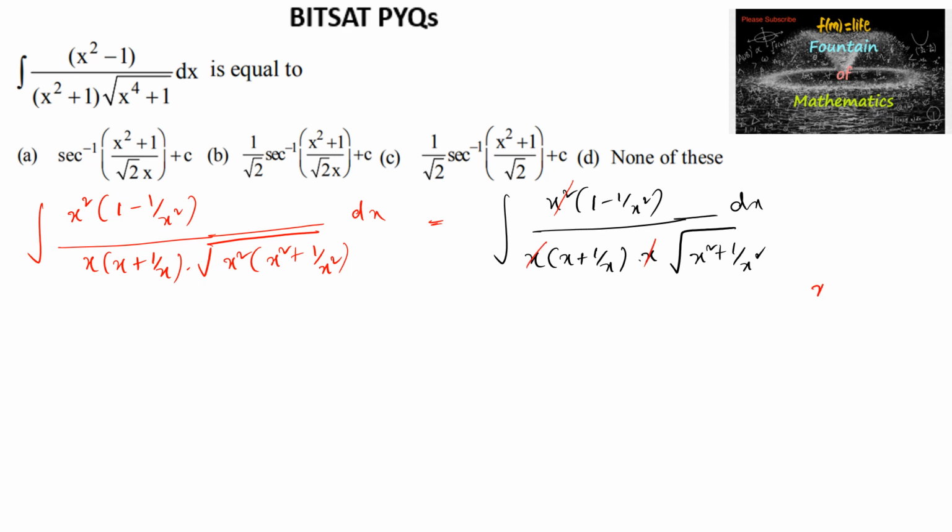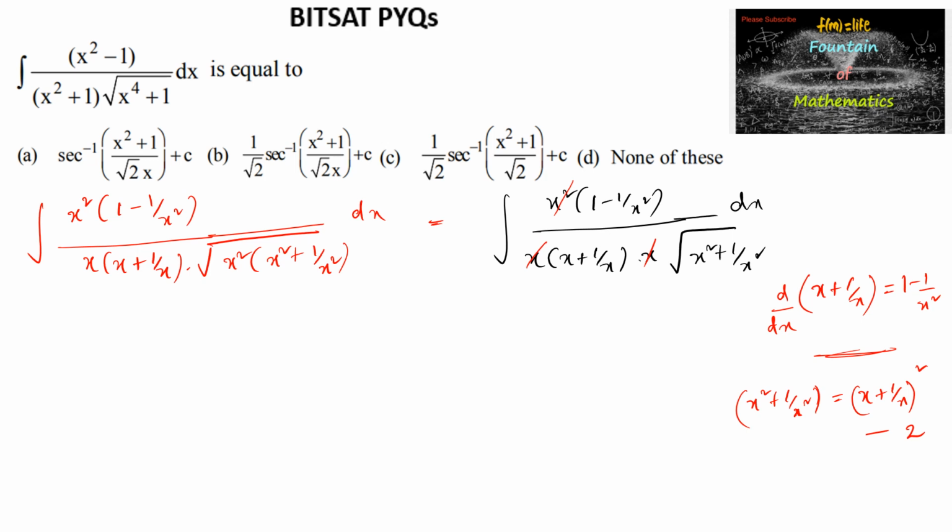And we know that the differentiation of x plus 1 upon x, d by dx of x plus 1 upon x, is 1 minus 1 by x square, and also x square plus 1 by x square we can write as (x plus 1 upon x) whole square minus 2.